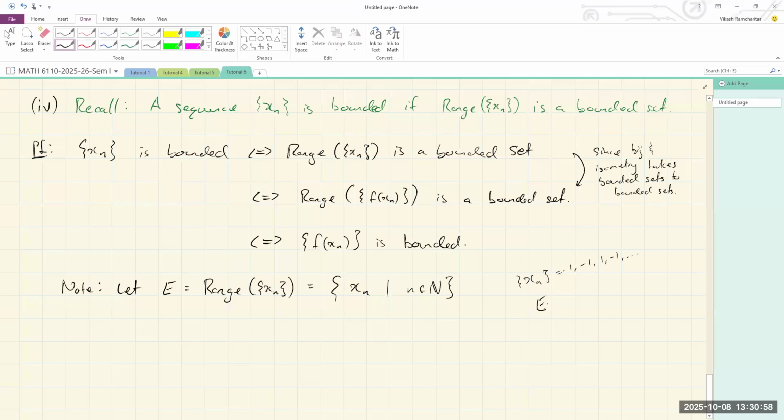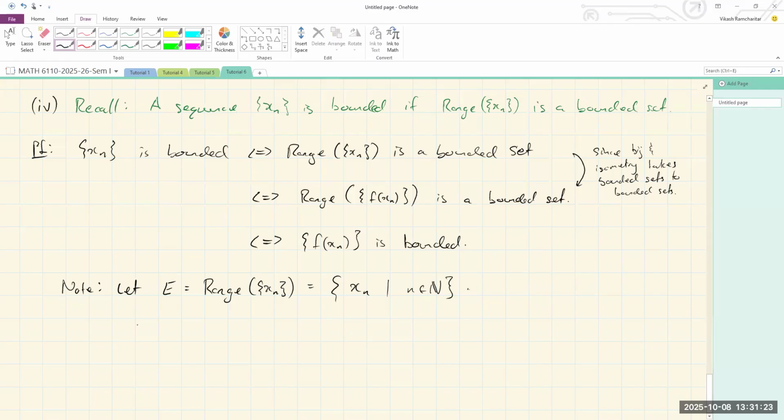The range of the sequence E will not be 1, -1, 1, -1, and so on. It's just 1 and -1. It's just all possible distinct values the sequence could take. So let E be the range of the sequence.